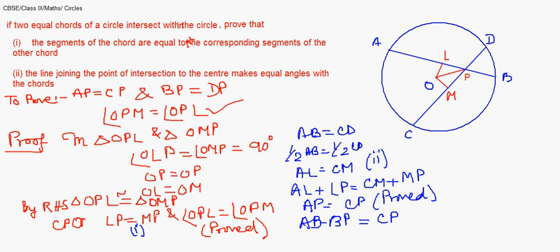AB minus BP, because no, I'll be writing AB minus AP. Sorry for this kind of error. I'm subtracting AB minus AP, and we'll be writing CD minus CP, because we have already proved both of them. One is given equal, AB equals CD, and AP proved equal to CP.